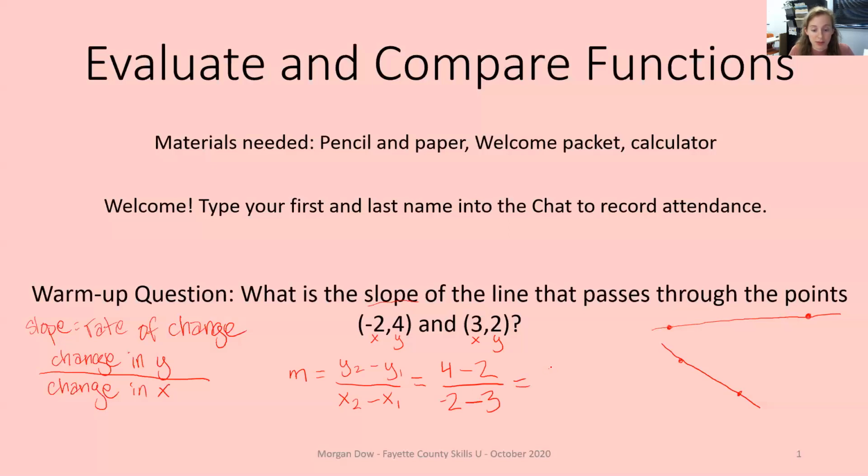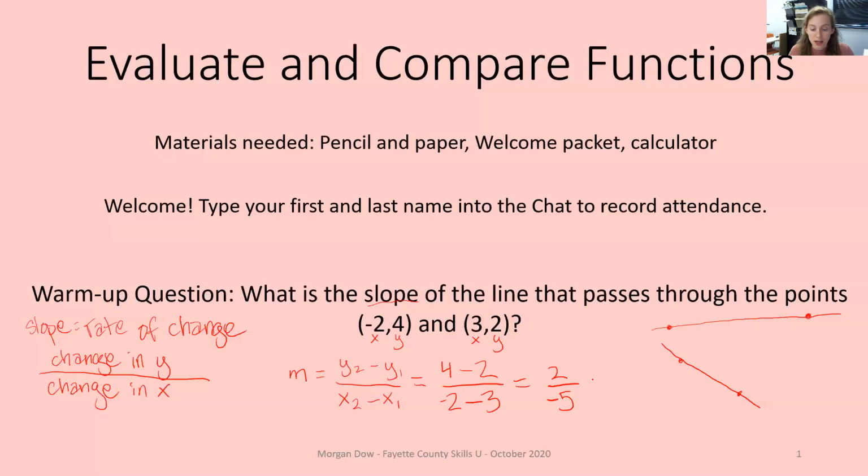4 minus 2 is 2. -2 minus 3 is -5. So 2 over -5. We cannot simplify this fraction any further. We could, if we wanted to, rewrite it as a decimal, but that's not necessary. The question doesn't ask us to do that.